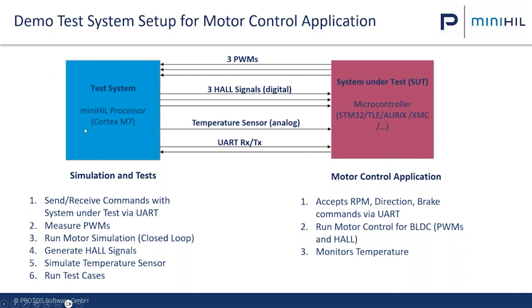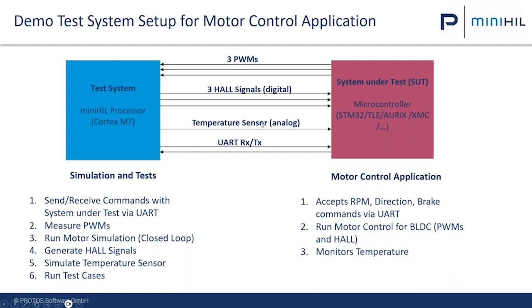They are measured here on the test system side. The simulation generates 3 Hall signals to satisfy the interfaces of the motor control. So it's a real closed loop simulation. If the motor controller changes the speed, the system follows the simulated system.